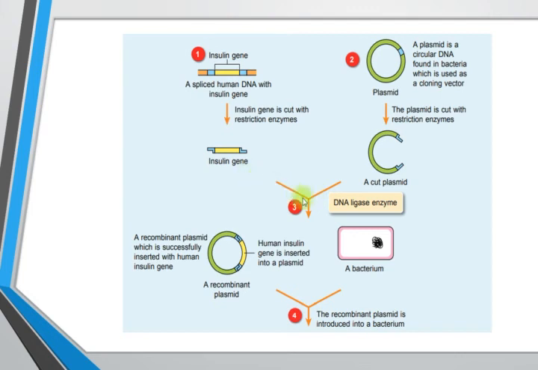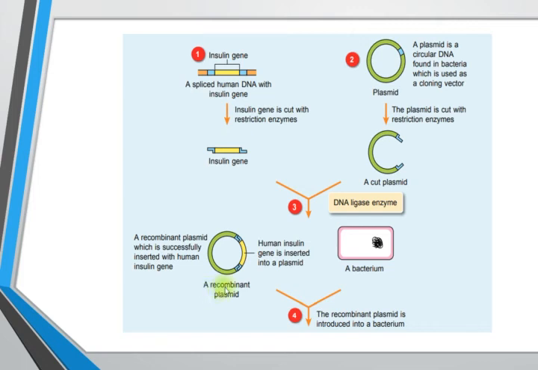Next, they are recombined. They are combined. The human insulin gene here is combined with the cut plasmid here by the DNA ligase enzyme, and produces a recombinant plasmid.